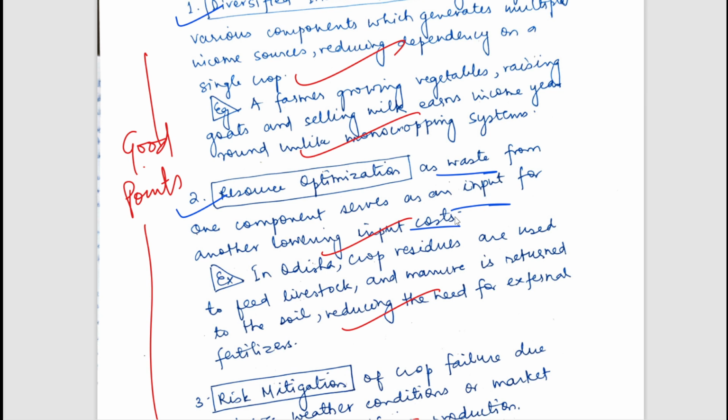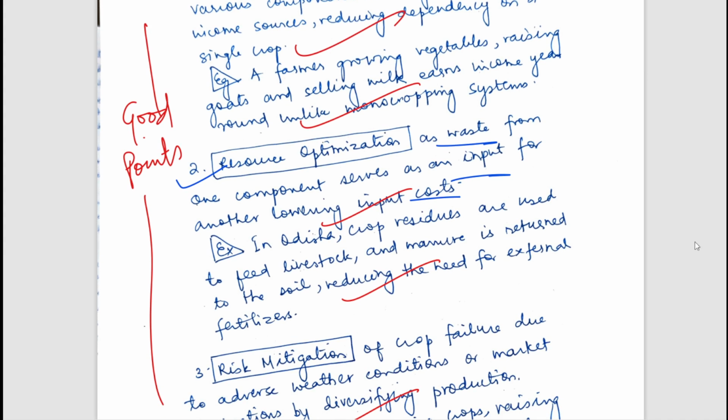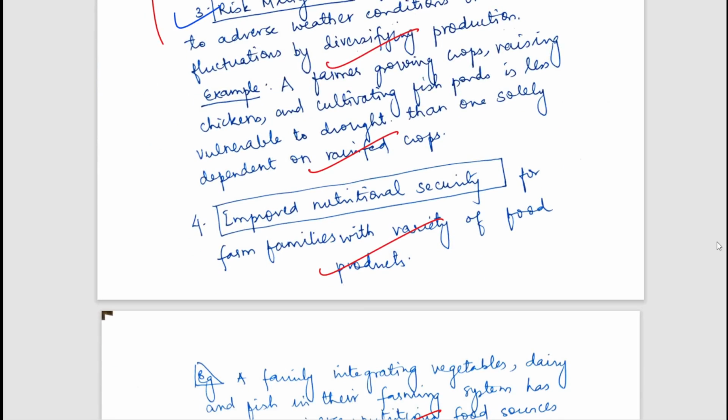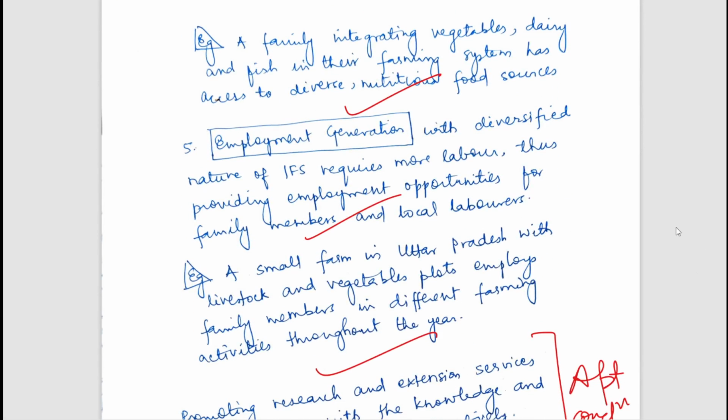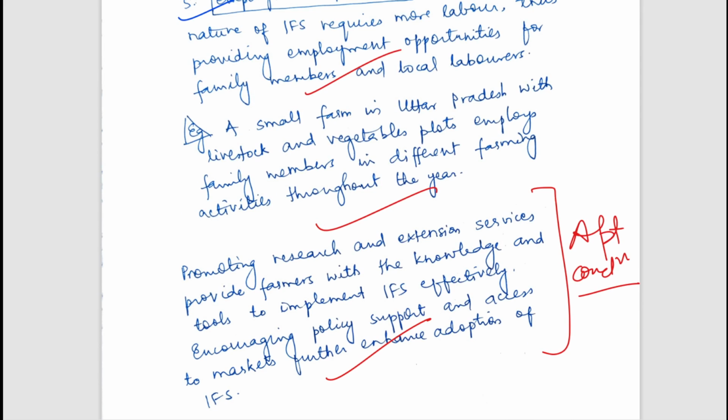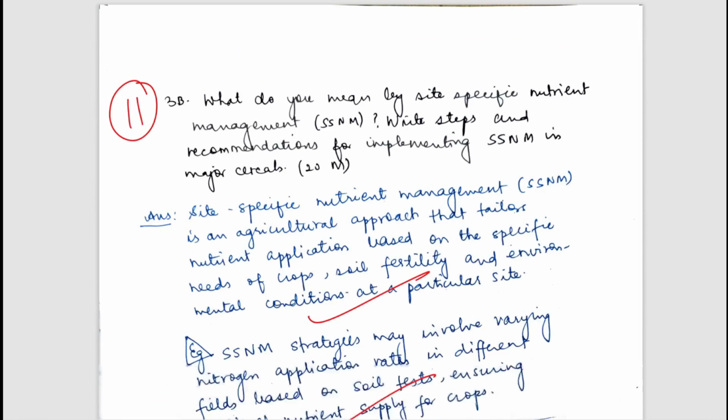Suppose the waste of the animal husbandry can be used as fertilizers and organic manures in normal crops. Obviously risk will be reduced, as I have discussed. It will improve nutritional security because the farmers will have a diverse basket of food to eat. It can lead to employment generation. So, well written answer and again appropriately concluded. Now let's move to the next question.